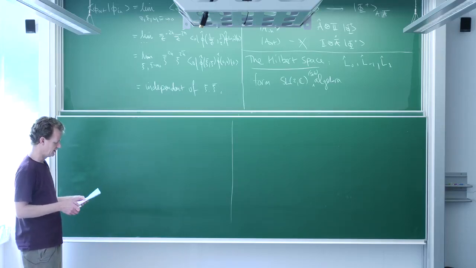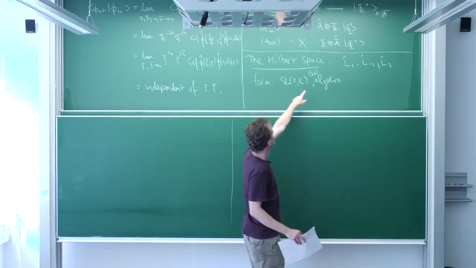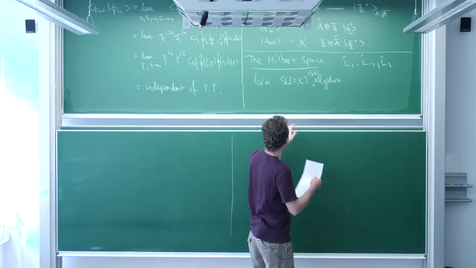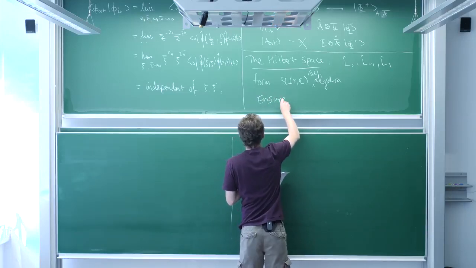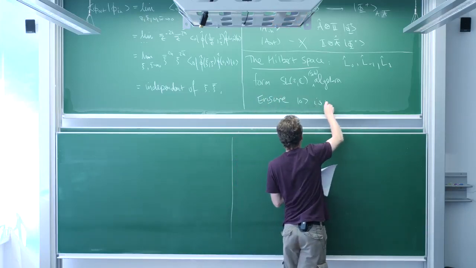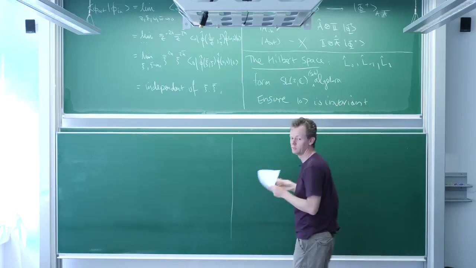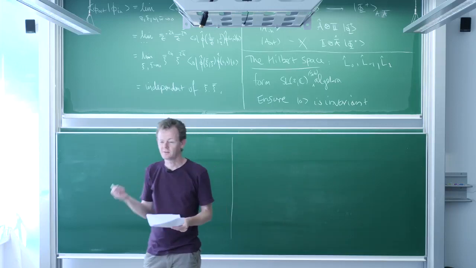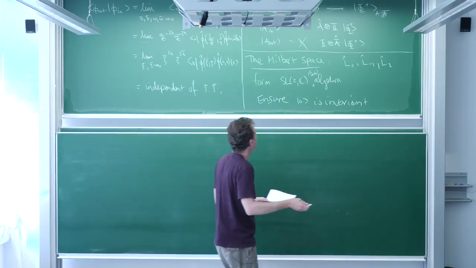Now, we can ensure that the vacuum is invariant. I mean, the very least that a conformal field theory should have is that its vacuum state is invariant under conformal transformations. This is like the global one, sorry.